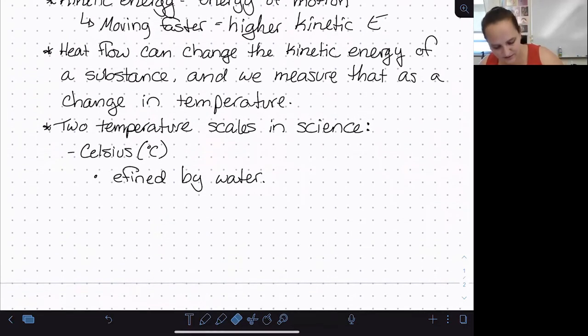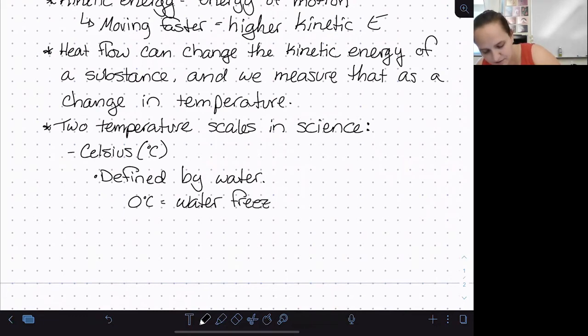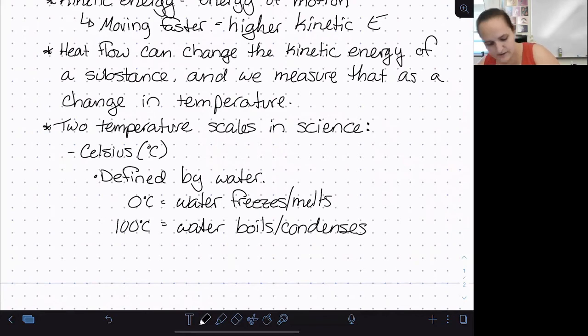So in the Celsius scale, 0 degrees Celsius is where water freezes and melts. It's the freezing point of water. And 100 degrees Celsius is where water boils and condenses. So this is how Celsius is defined: 0 degrees Celsius is the freezing point of water, 100 degrees Celsius is the boiling point of water.